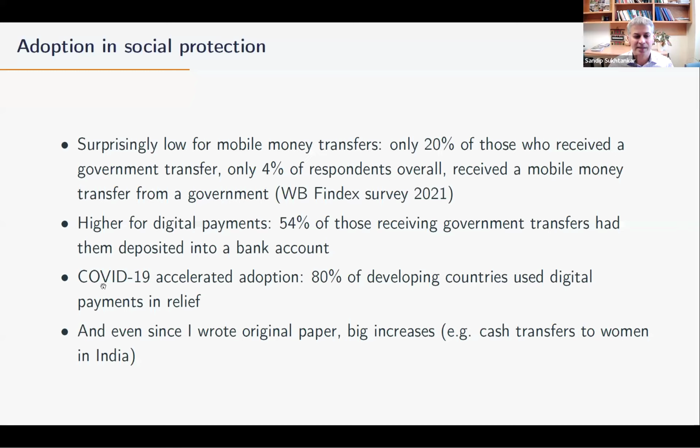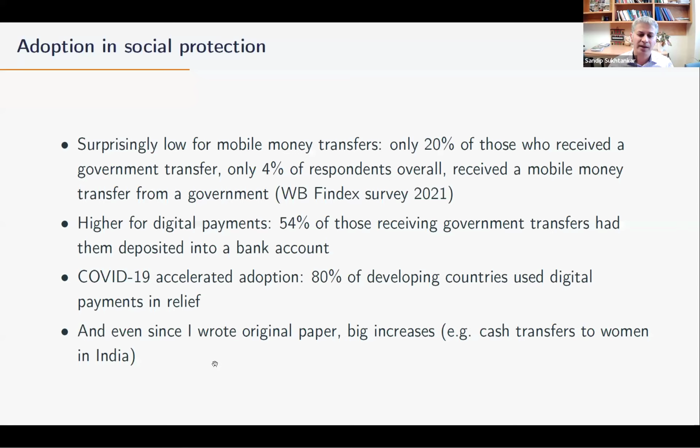And as I just mentioned, especially after COVID, there's been a huge acceleration in the adoption of digital payments in social protection and emergency relief. And 80% of developing countries use some sort of digital payments.